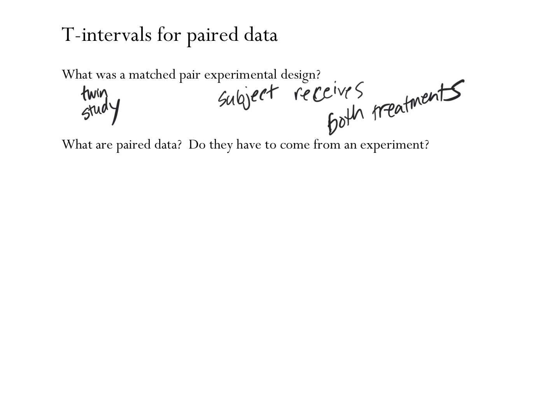Okay, so for example, if you want to test the effectiveness of a blood pressure medicine and you do a matched pairs design with twins, you would take twin A and twin B, give one of them the blood pressure medicine and the other the placebo, and you would directly compare those two numbers.